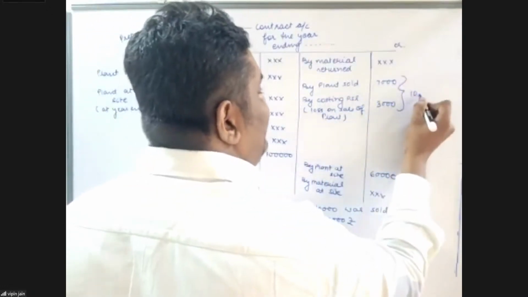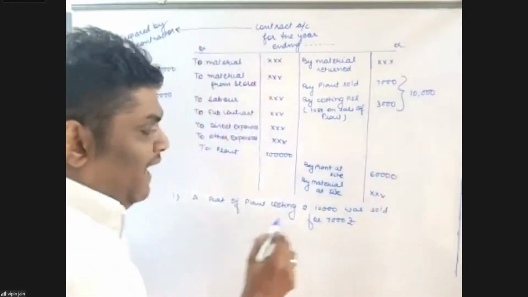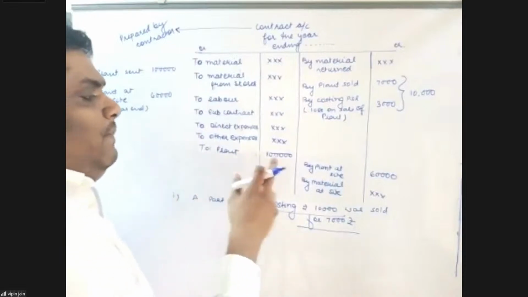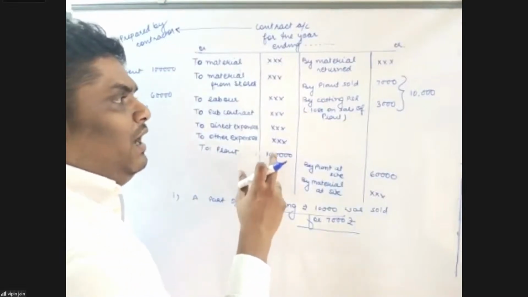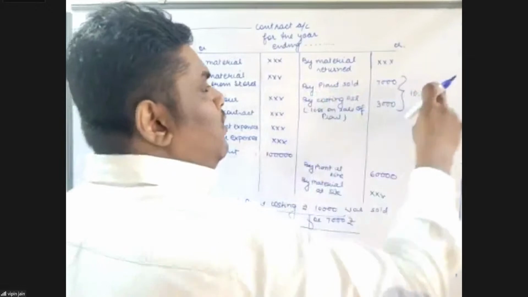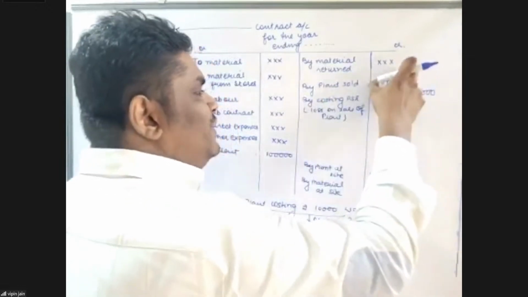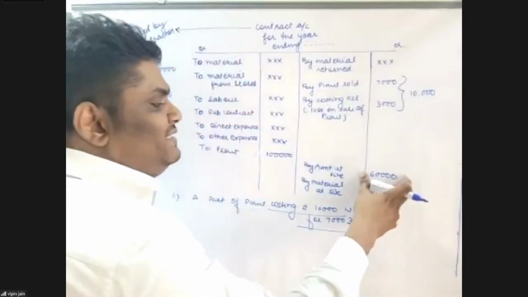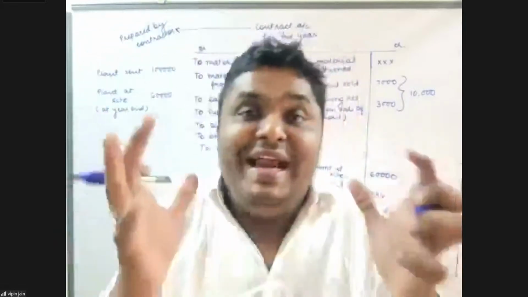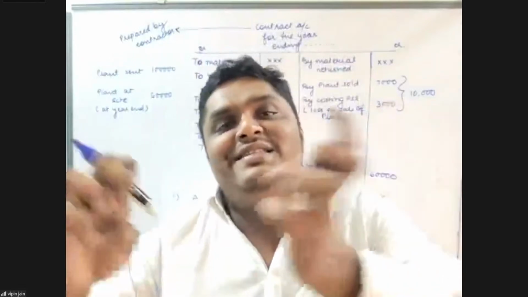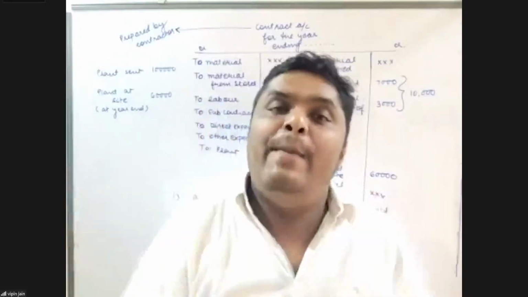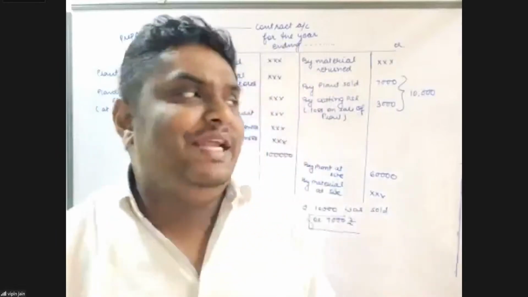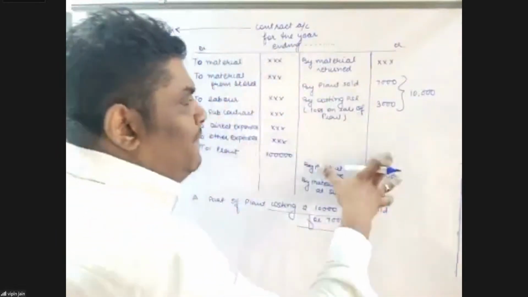Ultimately, we have to give the effect of 10,000. So plant costing rupees 10,000 was sold for 7,000. So plant sent to site 1 lakh. Out of this, the plant costing rupees 10,000 was sold for 7,000, and the balance amount that is left at site is 60,000. So if any adjustments are given as regards the sale of plant or scrap of plant or loss by fire of plant or theft of plant, it is advisable to write to plant, by plant and the adjustment.